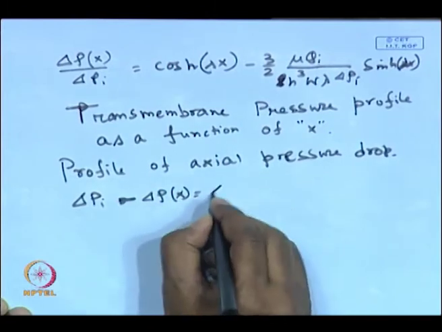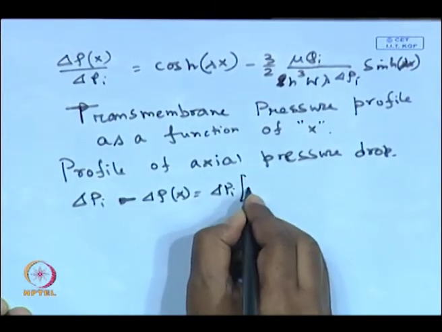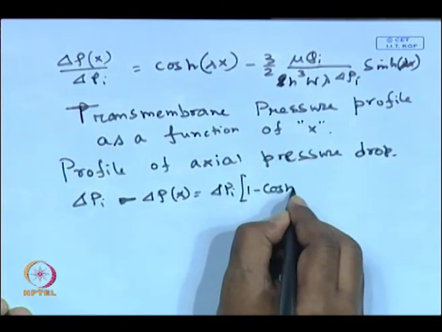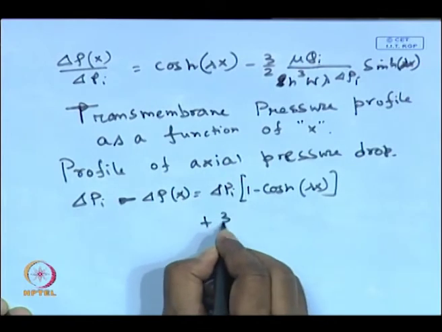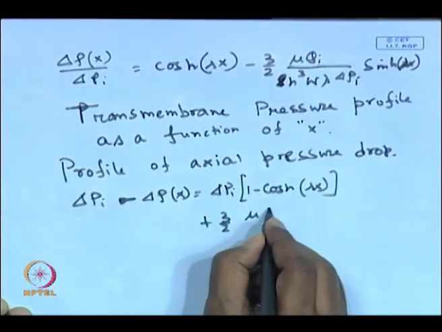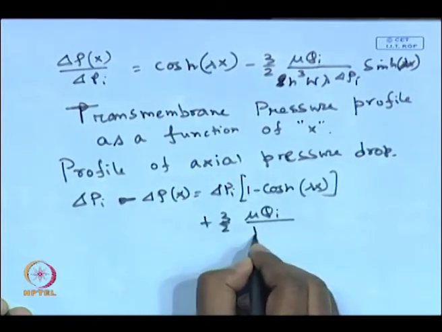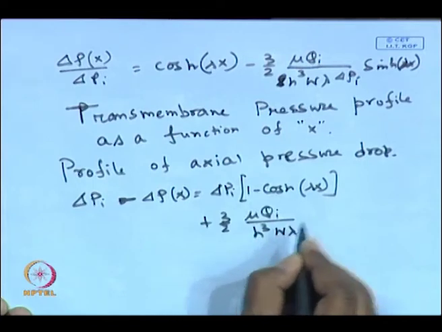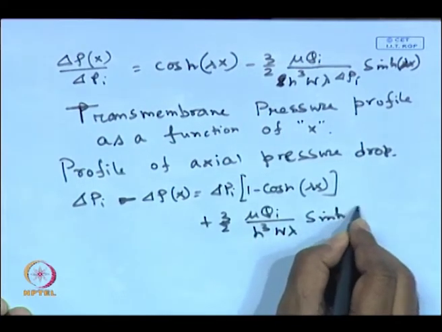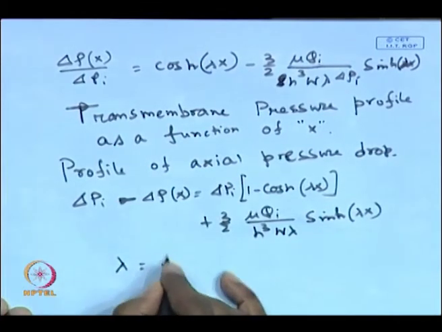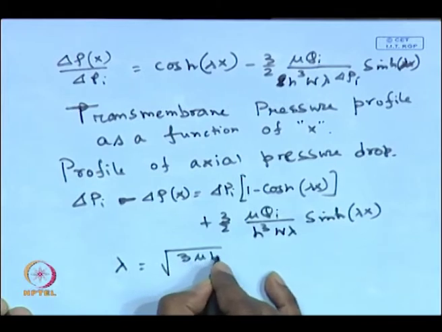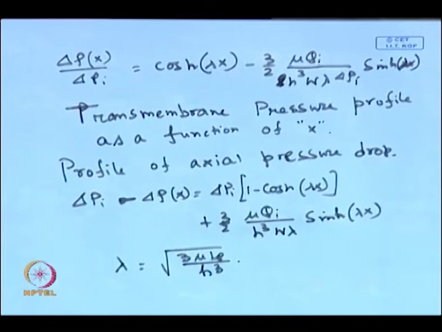This becomes delta pi times 1 minus cos h lambda x plus 3 mu q i divided by 2 h cube w lambda sin h lambda x, where the parameter lambda is given by under root 3 mu lp divided by h cube. So, this expression gives the profiles of axial pressure drop.